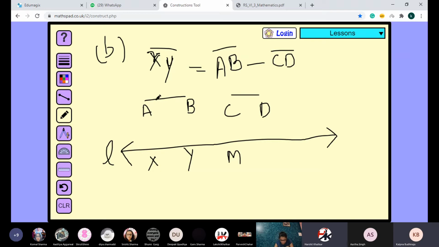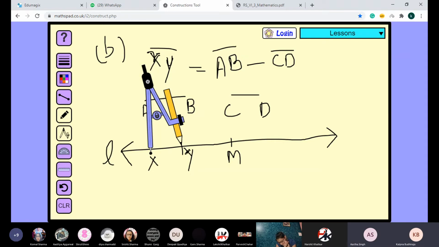So Harshit, first we will make line segment XM. Now measure CD with the compass, which is around 4.6 centimeters. Now bring the needle of the compass at X and cut the line, and this will give you point Y.